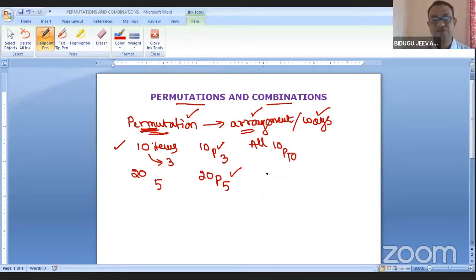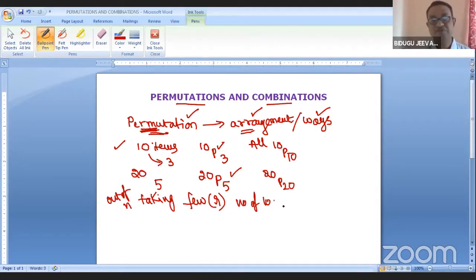Here also 20P20. So what I want to say is that taking few items, few in the sense smaller. So out of n, your expression, number of ways, is equal to nPr. The formula is n factorial by (n minus r) factorial.